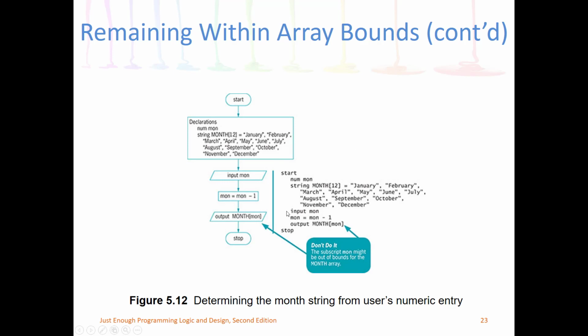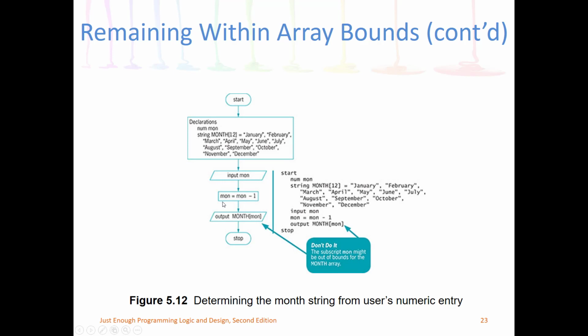Here we go. Here's a little example of the off by 1 error. It's got an array of type string, and it has 12 elements in it from 0 to 11, January, February, all the months, all the way up to December. And you get the month from the user, I guess. Well, if they give you month 1, as far as the array goes, that's really index 0, not index 1.